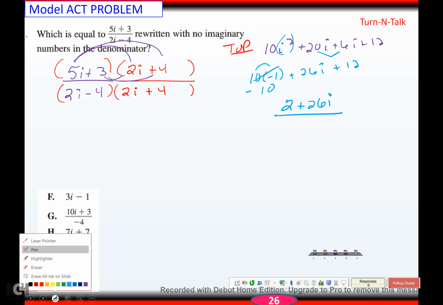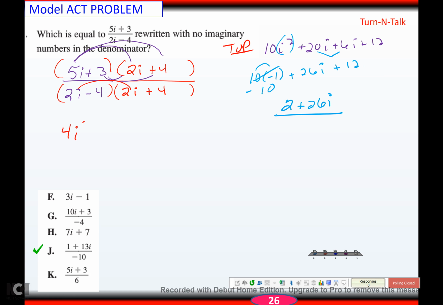Okay, now bottom, I'm going to do 2i times 2i is 4i squared. 2i times 4 is 8i. Negative 4 times 2i is negative 8i. Negative 4 times positive 4 is negative 16. The i's cancel. i squared turns into a real negative 1, which gives me negative 4, minus 16, which gives me negative 20 on the bottom.